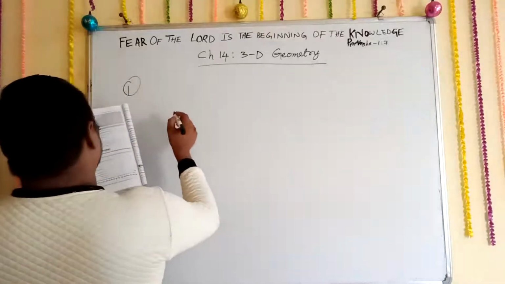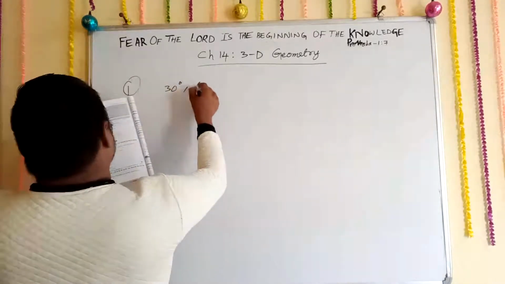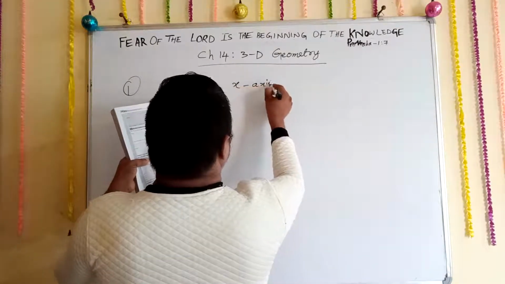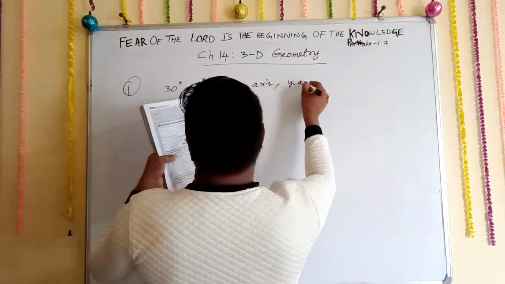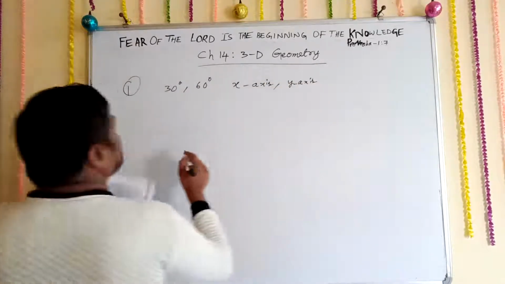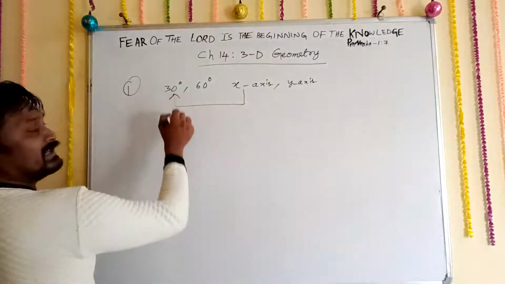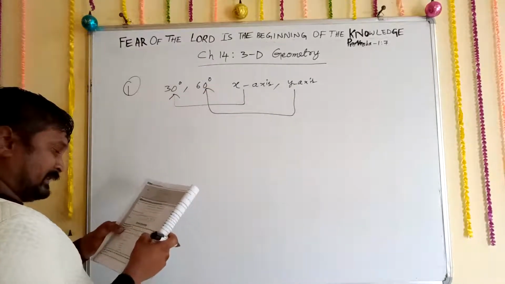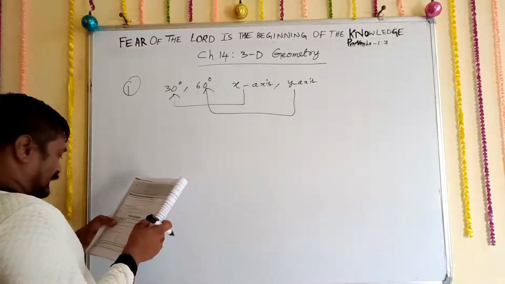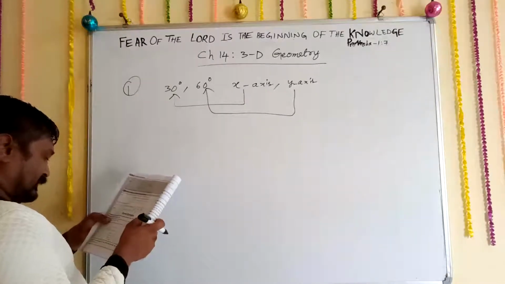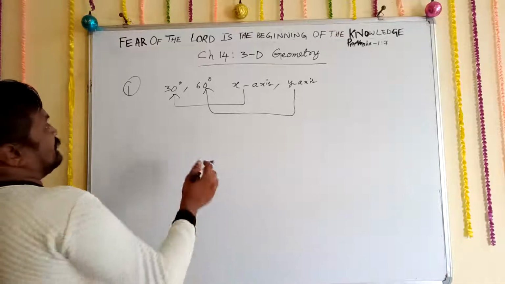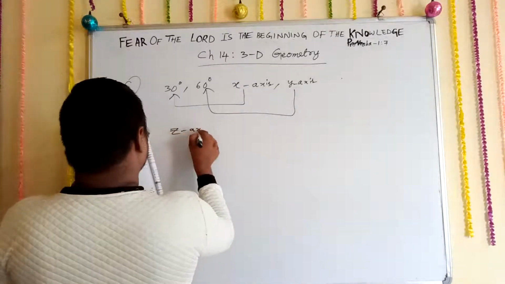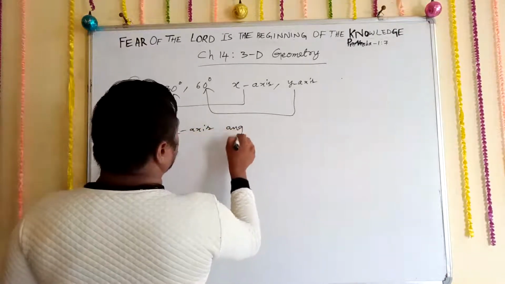A line makes angles 30 degrees and 60 degrees with the positive direction of x-axis and y-axis respectively. So the x-axis angle is 30 degrees, the y-axis angle is 60 degrees, given. And what do I need to find? Find the angle of the line with the positive direction of z, that means the z-axis angle.